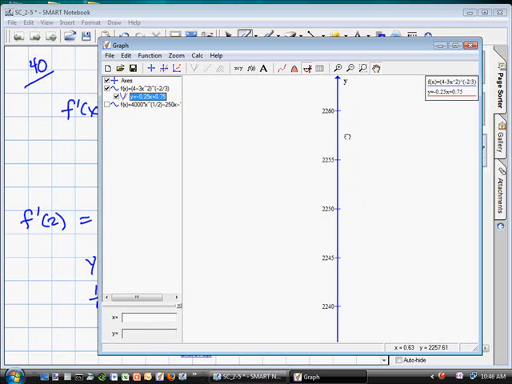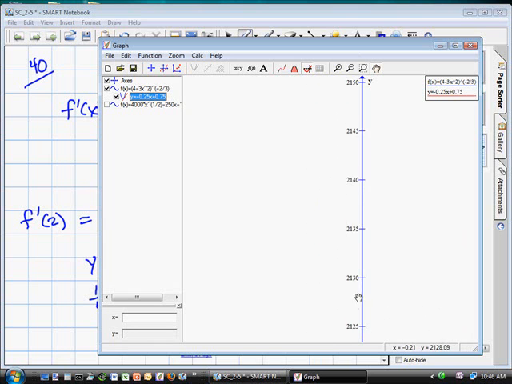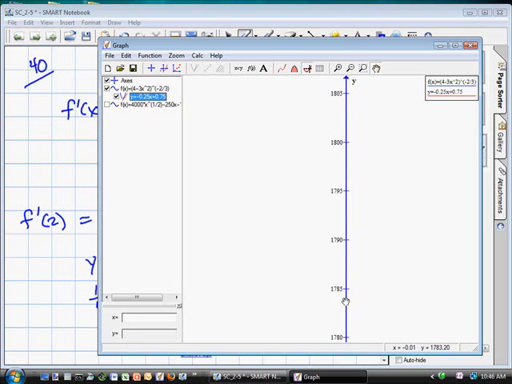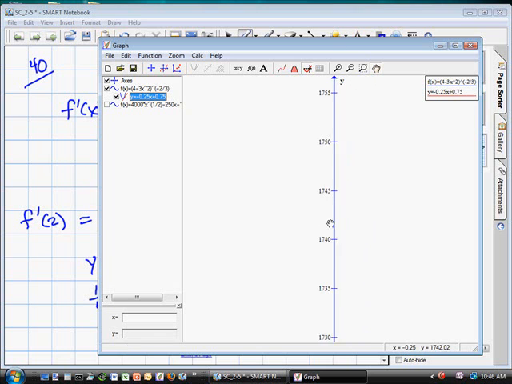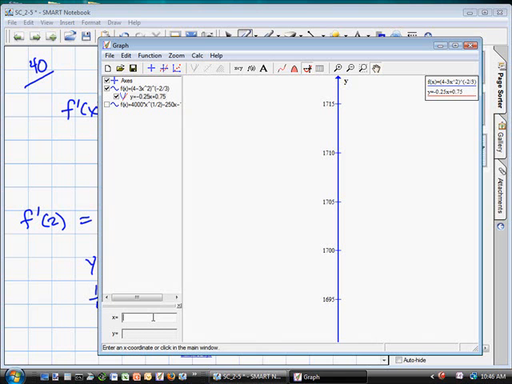Now let's zoom. I'm sure there's a quick way to do this. Let's, here, how about this? No, that didn't do it.